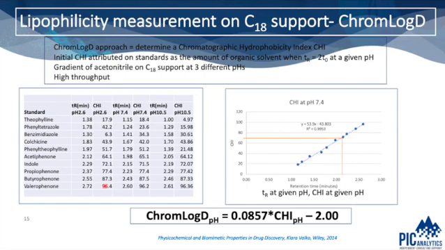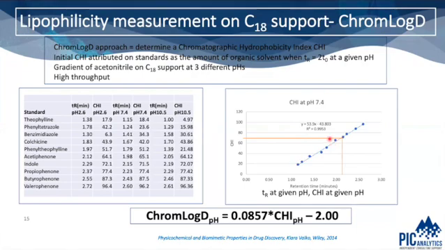She allocated this CHI at different pH, and this creates a standard where you can create a calibration curve that has a good R square, and where the CHI depends on the retention time as a measure of hydrophobic interactions.